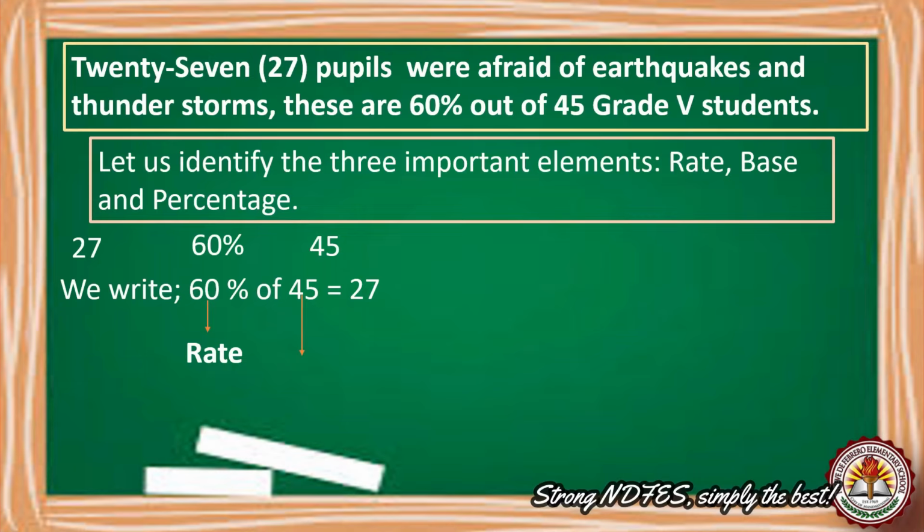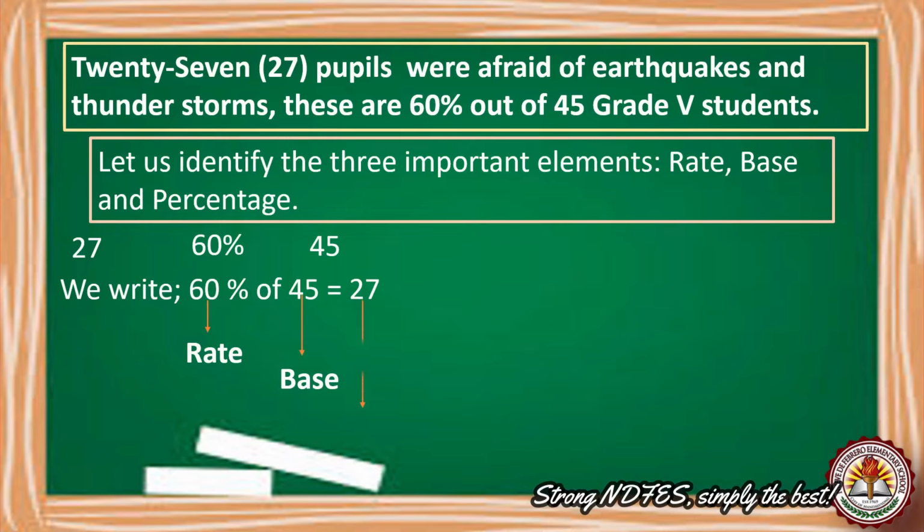It should be the base. As in our definition, base is the total or whole. Another technique, children, in finding the base in this kind of sentence, it always follows the word of.